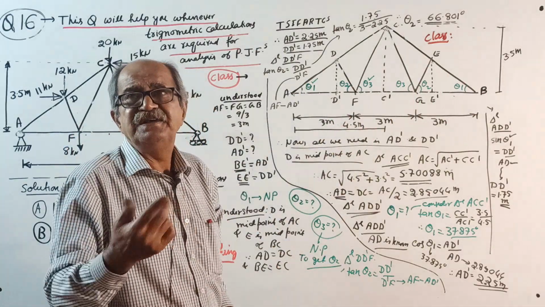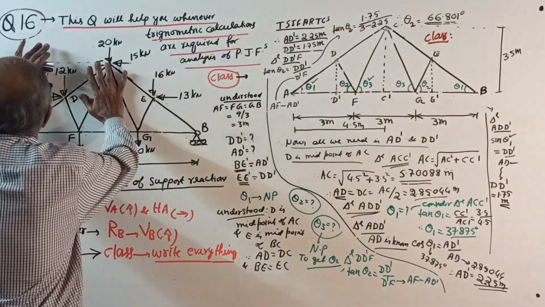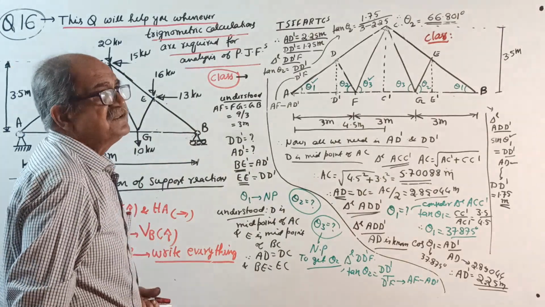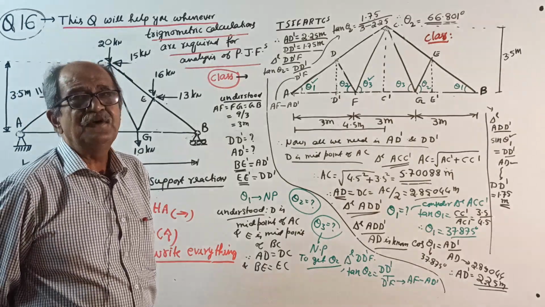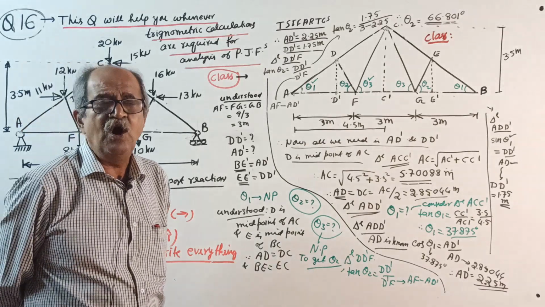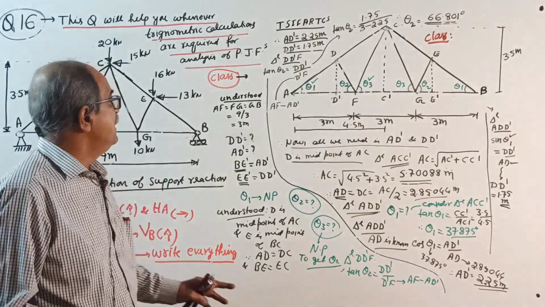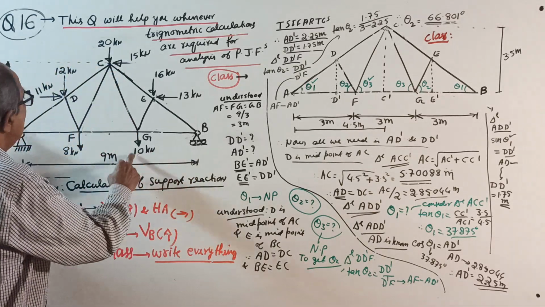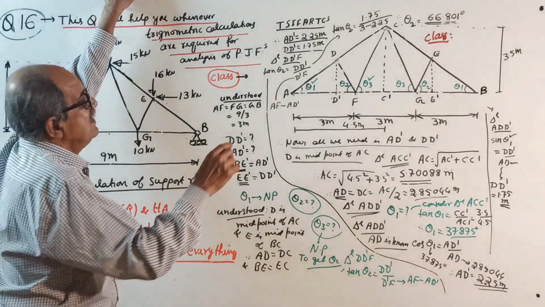Once you find the reaction, he will write the star sketch where reactions are entered. That is, star sketch means method of joints, calculation of axial forces in all members by method of joints. There, first he will enter all the reactions and, for all the inclined members, he will enter the angle.